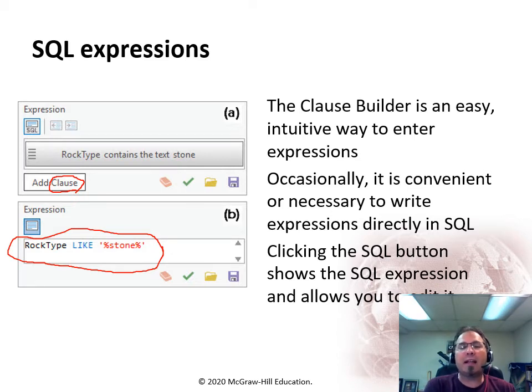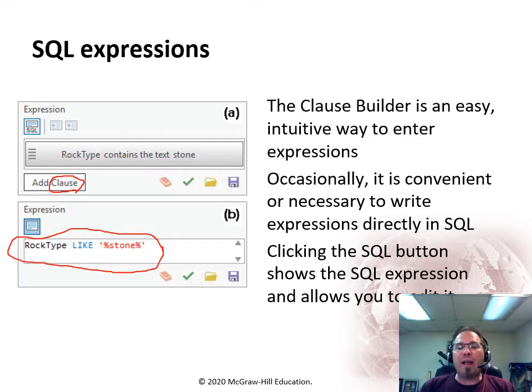So you're selecting features from a specific table. It would be select star, everything, from the states table where ST equals Arizona, if we went back to the previous slide.